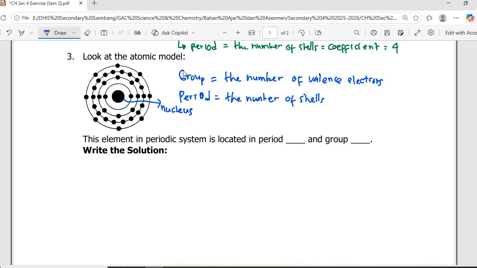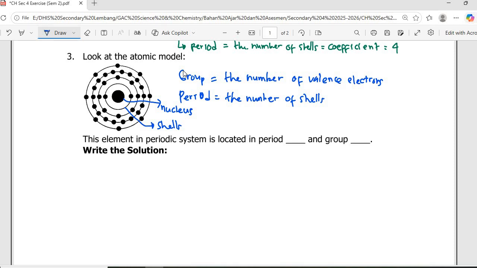The nucleus is surrounded by some orbits, some circles again. We can call these orbits the shells.